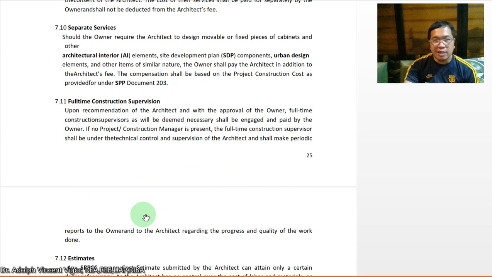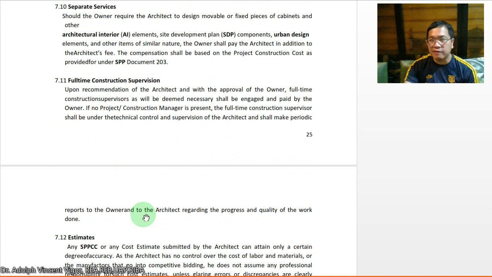Then you have here the full-time construction supervision. Upon recommendation of the architect and with the approval of the owner, full-time construction supervisors, as may be deemed necessary, shall be engaged and paid by the owner.